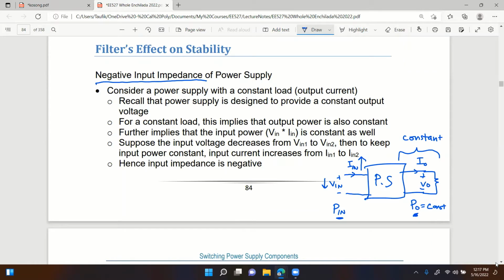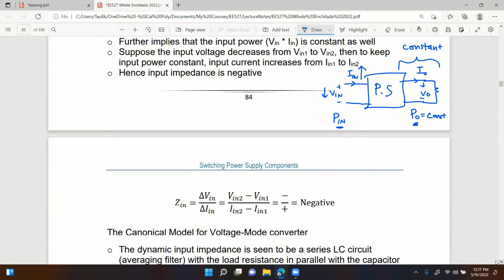The next page shows you the equation, right? So Z in is equal to delta V in over delta I in, right? So the input impedance, basically looking into the power supply right there, Z in, is equal to the change in the input voltage divided by the change in the input current, right? The ratio of the change in input voltage to the change in the input current gives you input impedance, right?